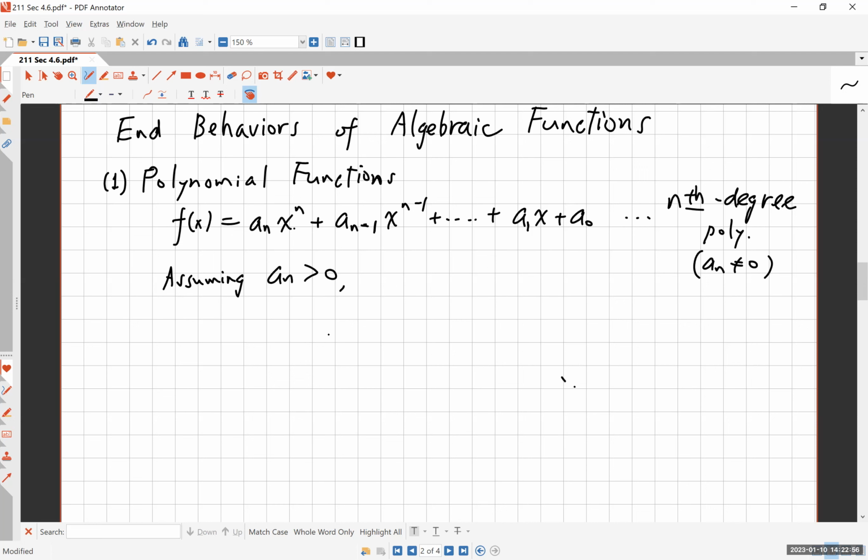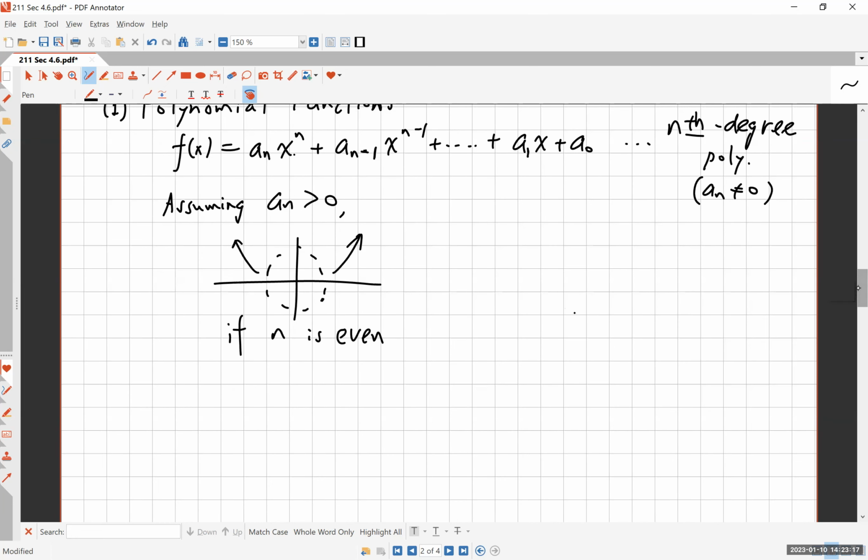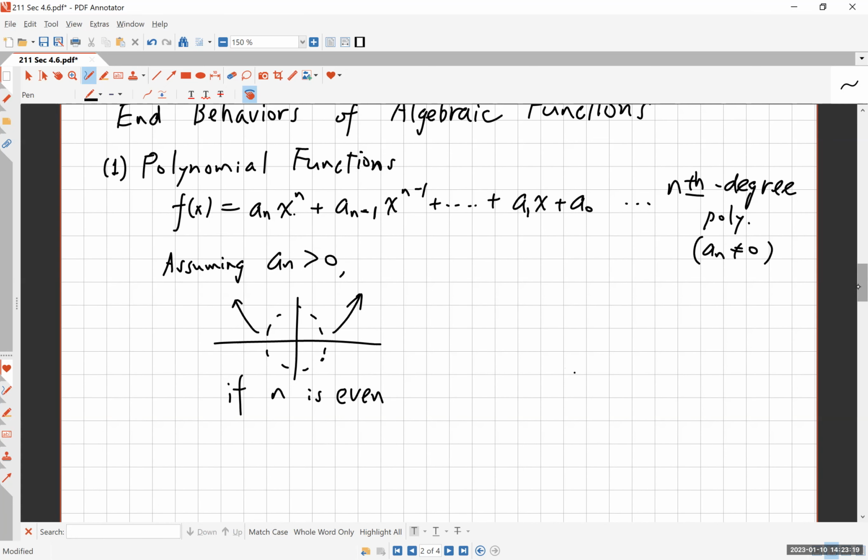Then, lots of things could happen somewhere close to the origin, but eventually when x is sufficiently large, the graph is going to go like this and like this if n is even. So if you have x to the 14th or the 16th or the 22nd or a 200th, whatever, the graph is going to go like this eventually.